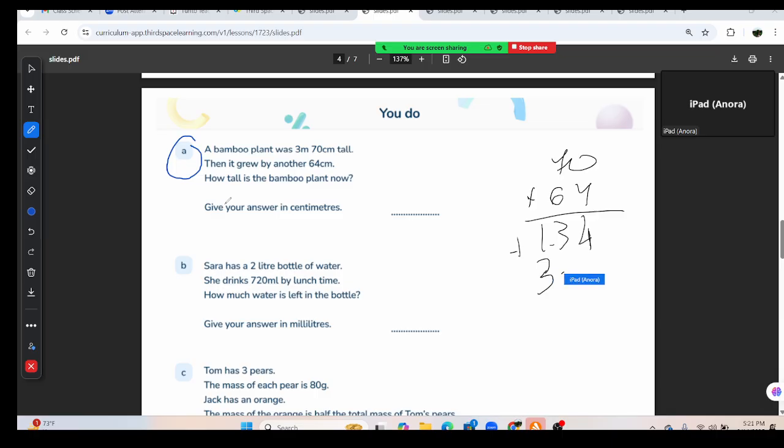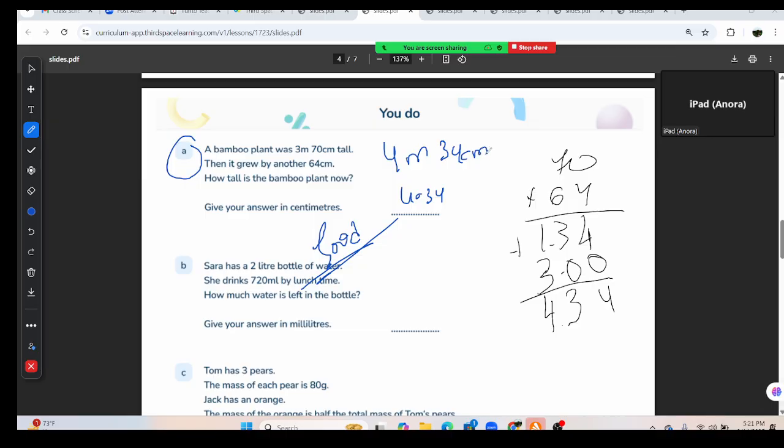Very good, you got it correct already. I wasn't expecting you would do it that correctly. That's great. So you got 4.34, or you can say 4 meters and 34 centimeters, right?